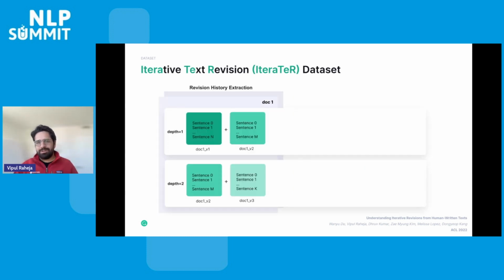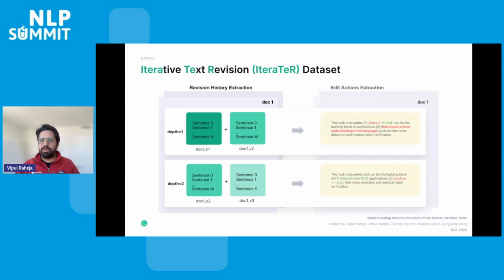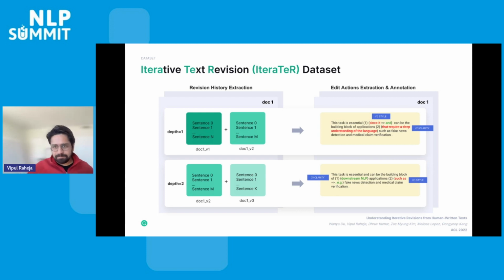And for each of these document revisions, we extract its full set of edit actions and use Amazon Mechanical Turk to crowdsource edit intention annotations according to the proposed edit intention taxonomy that I presented in the previous slides.